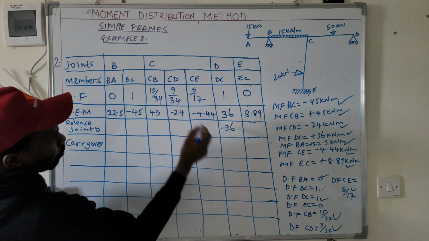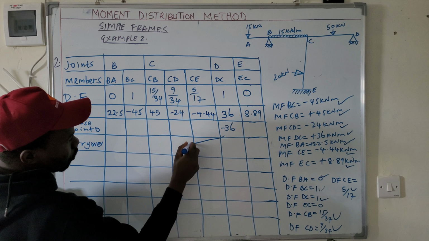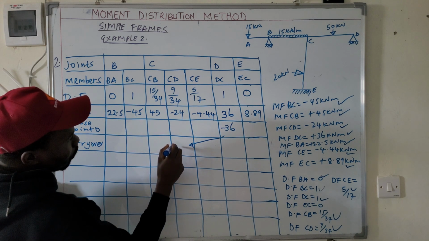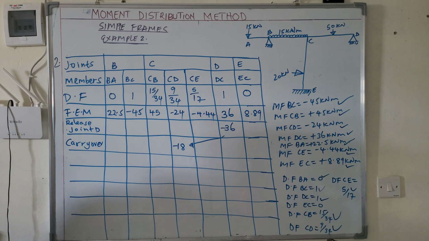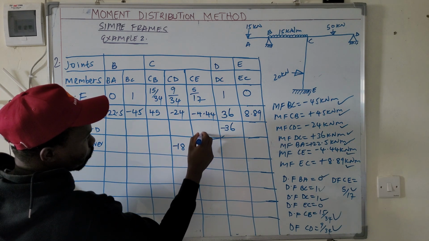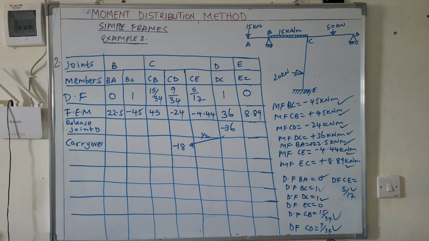So you carry a half of this to this member, so that one will be negative 18. Remember, it is a half of this.